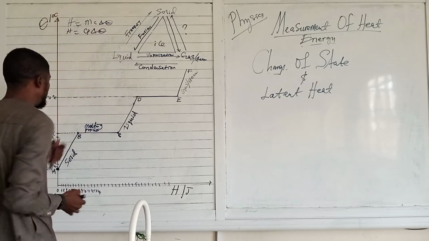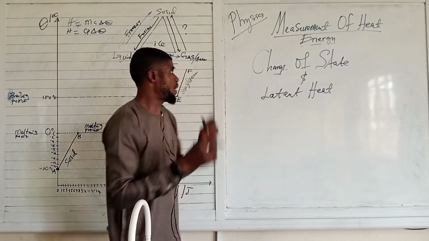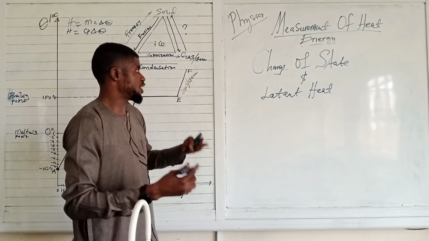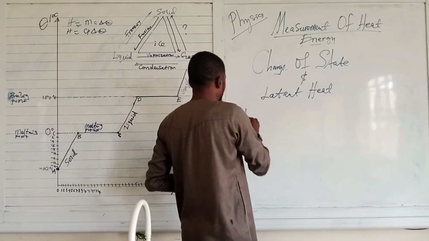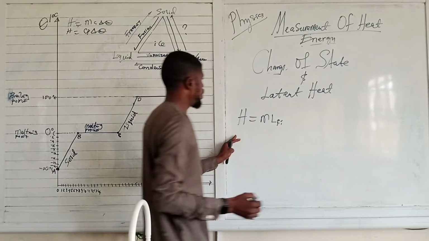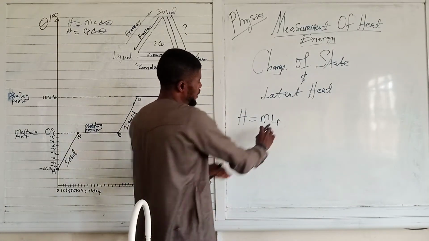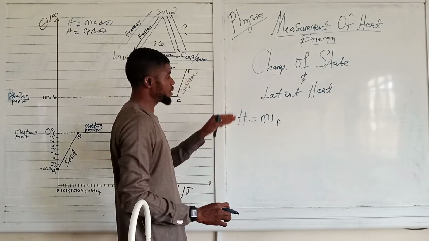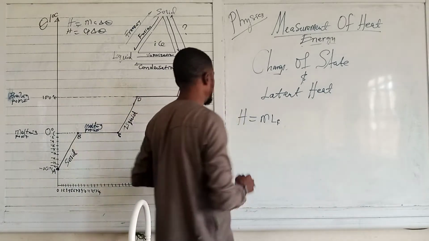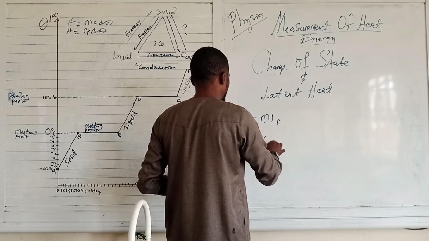CpΔθ. So the specific latent heat of fusion and vaporization are defined as follows. From the equation H is equal to mLf, we call this latent heat of fusion. The Lf is called latent heat of fusion. If you make this the subject of the formula, you have Lf is equal to H over mass.